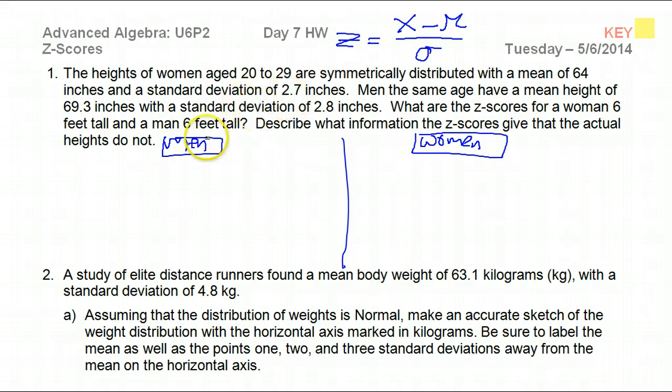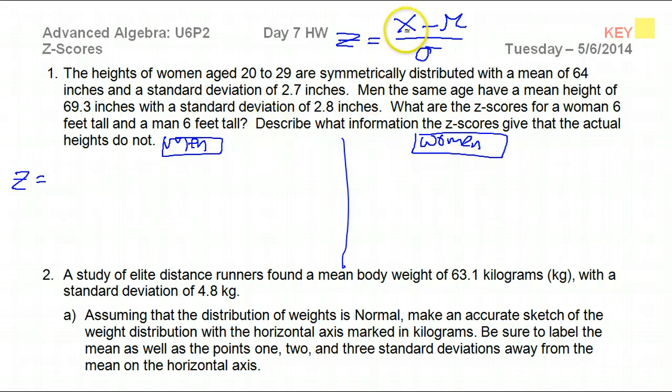If I want to find the z-score for the men, the z-score is going to equal... For this particular man, what are the z-scores for a woman 6 feet tall and a man 6 feet tall?